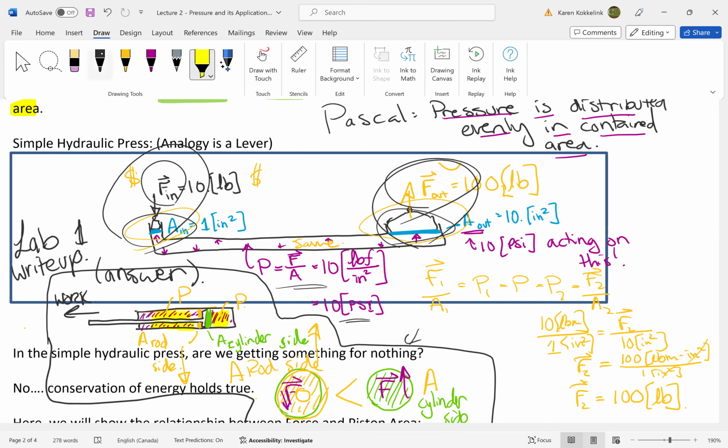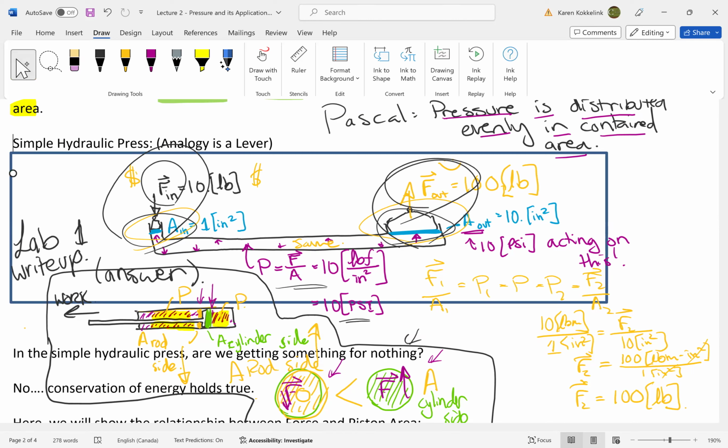But the pressure on the first side is acting upon the area of the cylinder, this green area here, which is larger than the area of the rod that is acting on this side. So here's the cylinder and here's the rod, and the area of the cylinder is higher than the area where the rod's coming out because the rod's taking up space. So we're actually going to get more force on this piston side than the area side.